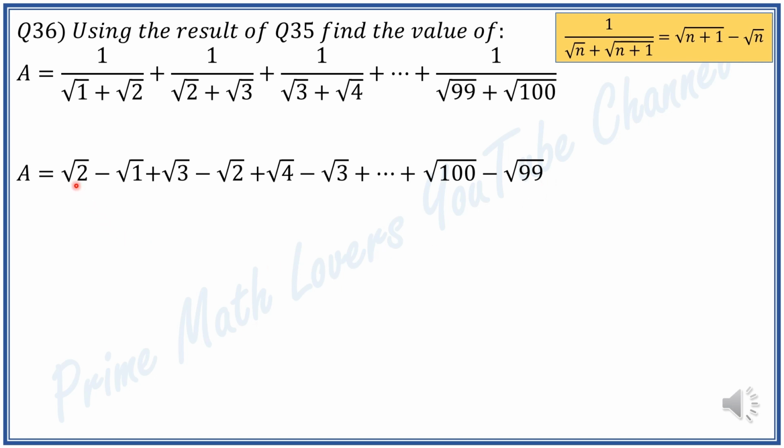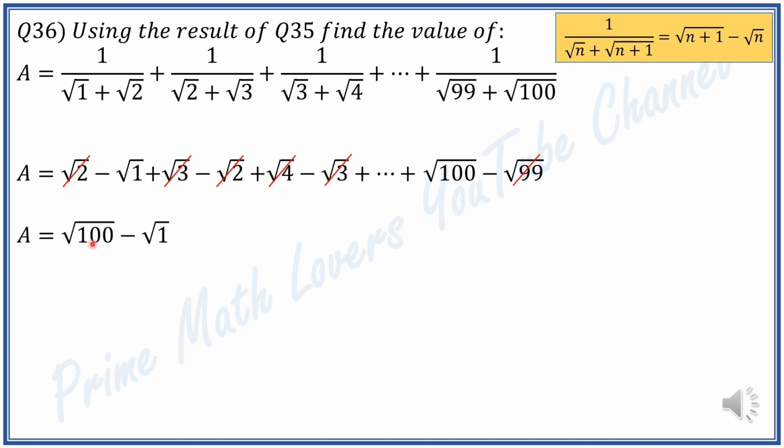Now we can cancel square root of 2 with negative square root of 2, square root of 3 with the negative square root of 3, square root of 4 with the negative square root of 4 in the next terms, and square root of 99 with negative square root of 99. So then we have only negative square root of 1 and positive square root of 100.